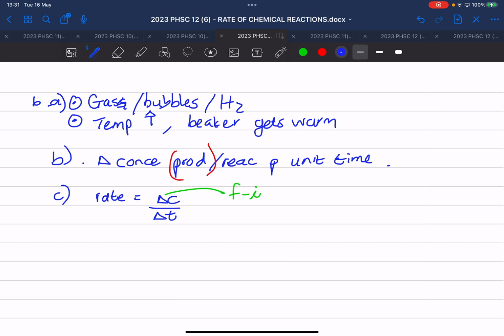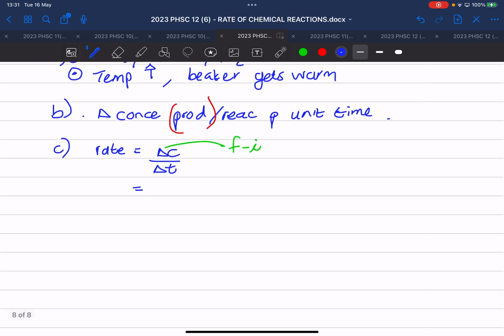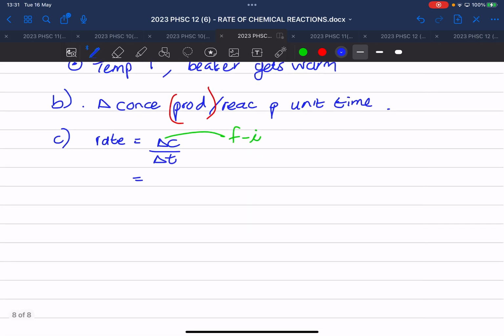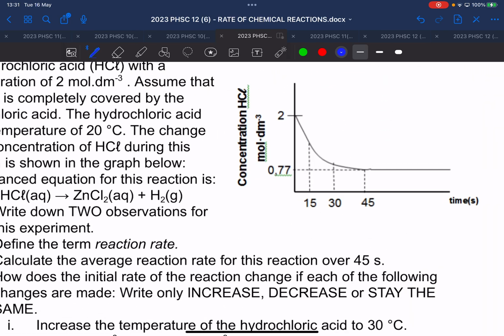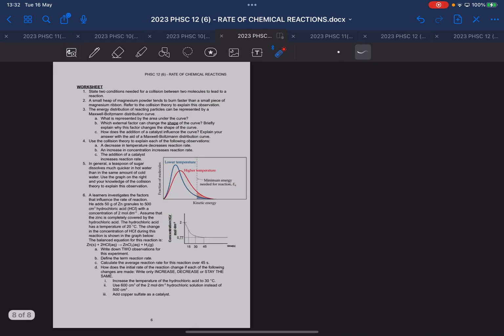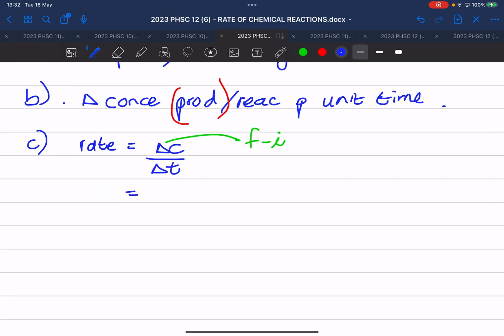Okay, so if you look on your graph, what is the final concentration value? Yes, the final one is 0.77, there at the end. And our initial one? 2.